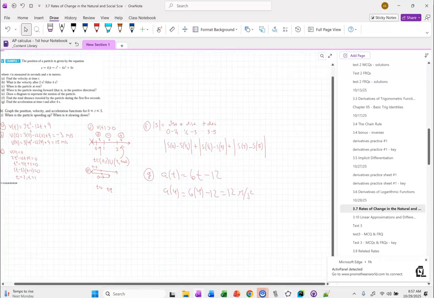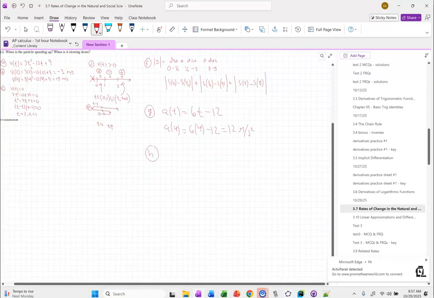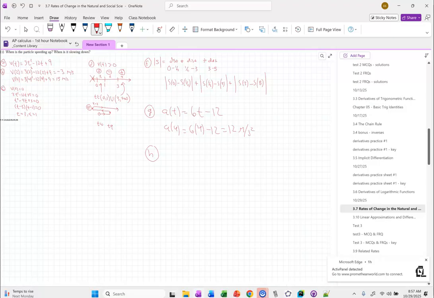It says, when is the particle speeding up and when is it slowing down? How do I find that? Yeah, so we're looking at... hold on. That's not right.